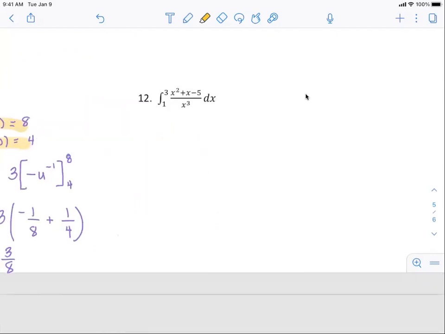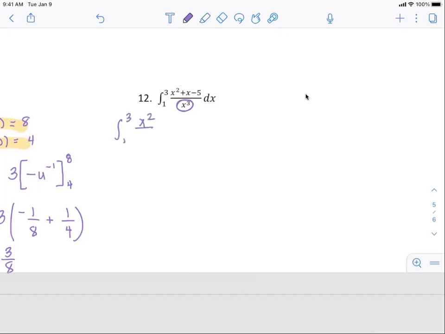Last one, I promise. So we want the integral from 1 to 3 of this example here. So is it a basic rule? No. Can we rewrite? Yes, we are dividing by a monomial. So once again, there are 2 different ways you can think about this. Break it apart with a common denominator.